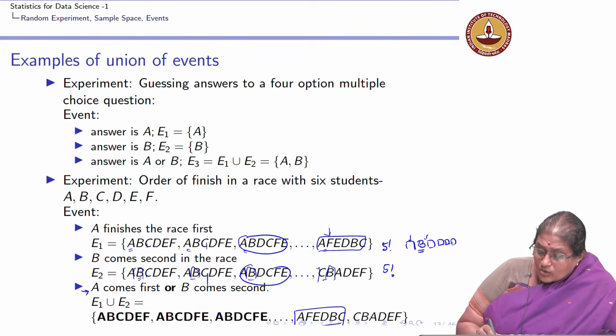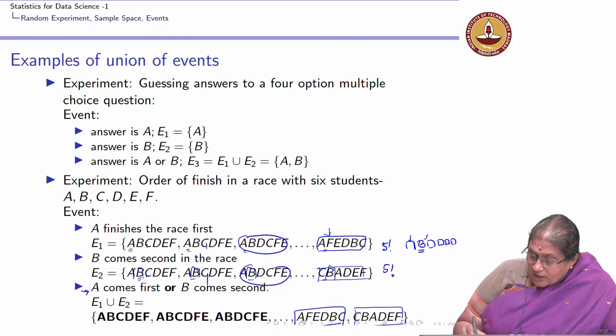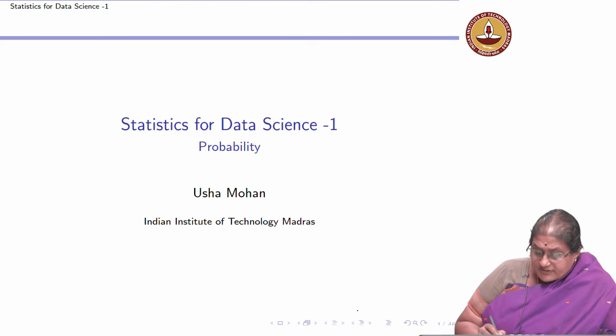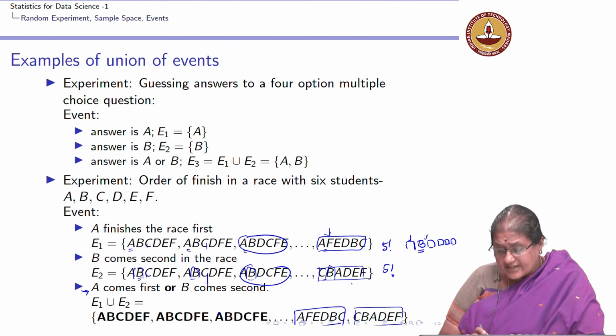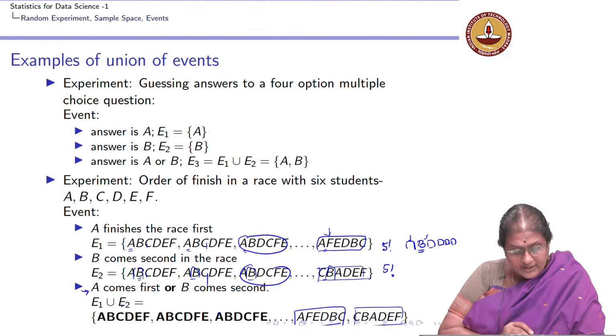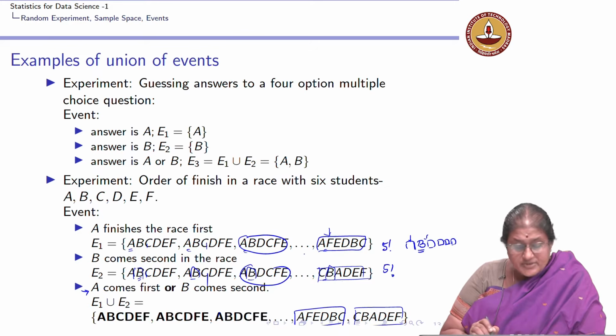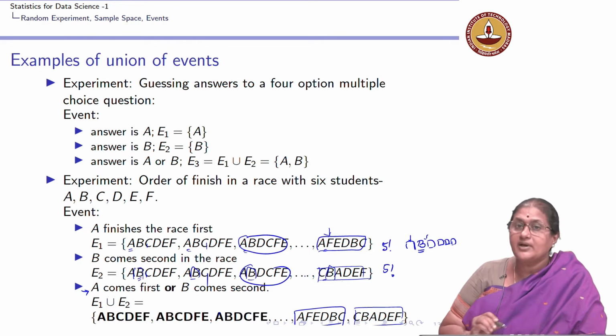And this outcome C, B, A, D, E, F is not in E1 because A is not the first finisher here. In this outcome CBADEF, A is not the first finisher. So, this outcome is not a part of E1, but we are including it in E1 union E2 because it is an outcome in E2.